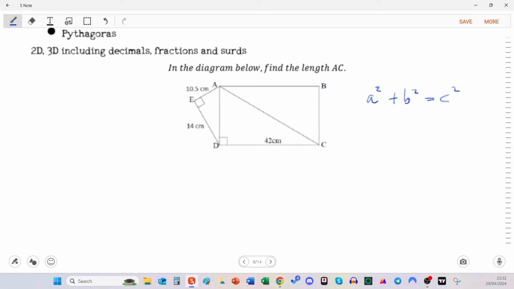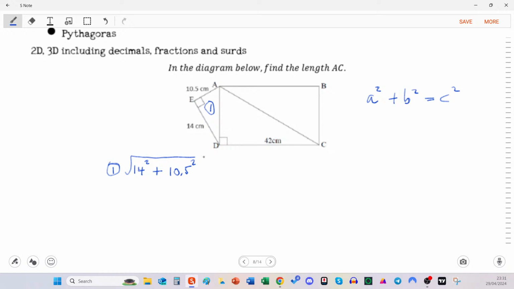And when you have diagrams like this, the best place to start is where you have most of your information. So most of your information comes from this triangle over here. Firstly, we'll label it. So let's call it 1. And the calculation for 1 is going to be the small side and the small side again squared.